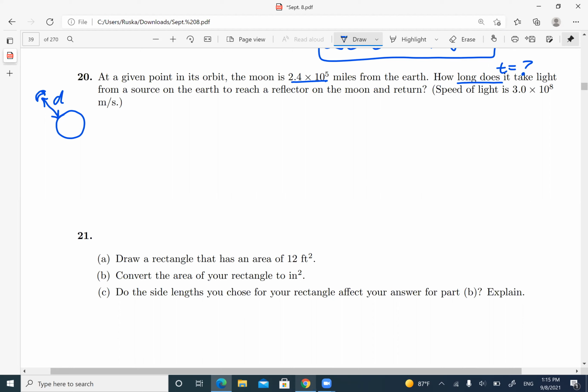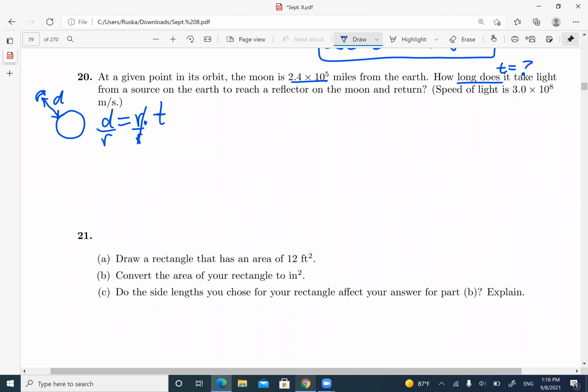So here we are using the formula, the distance equals the speed or the rate times the time. Okay, so if you need to find the time, you're going to divide both sides by the rate, and the time is going to be distance divided by the speed. Okay, so that's how you find the time, using the distance and the speed of the light.